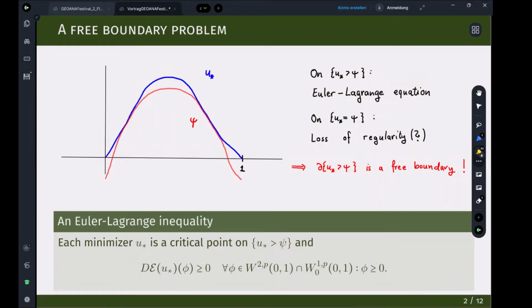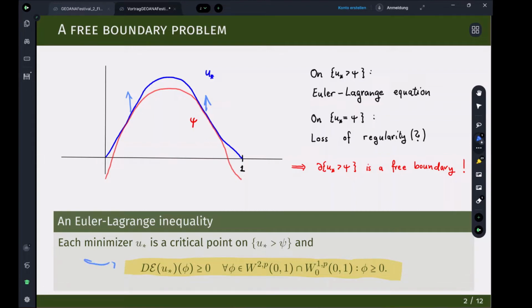Okay, one thing you can derive that will be relevant later is, however, an Euler-Lagrange inequality. If you perturb with a positive function, then you always stay in the admissible set, right? If you perturb in the upwards direction, perturbations still stay admissible, and therefore you get an inequality because you can perturb in the positive direction and stay admissible.